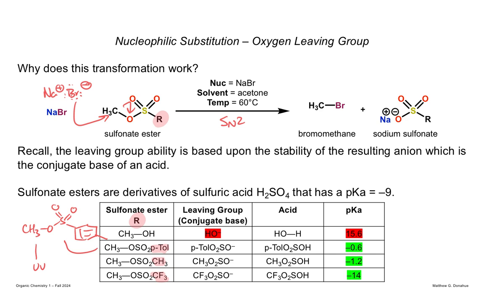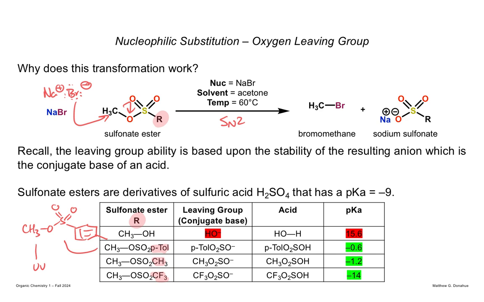So that benzene ring allows you to see the molecule under UV light. So you put your TLC plate under there, you can then see it. So methanol, if you put it on a TLC plate, you wouldn't see it because there's nothing with double bonds in it. The double bonds are what accept the photons, and you get transitions, and then you see it on the plate. And again, that concept we'll cover in Organic 2.